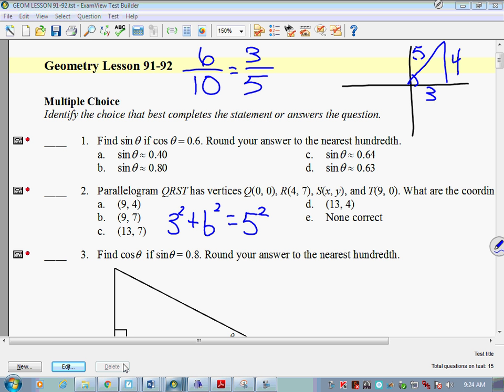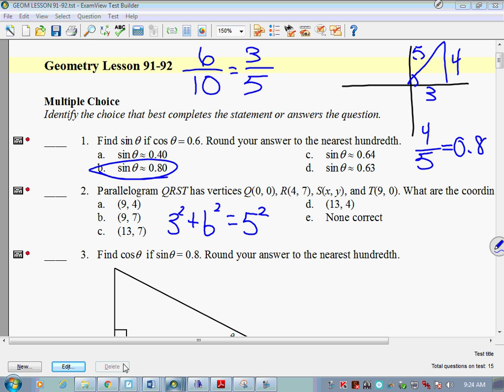So what is sine based upon this? Sine is opposite over hypotenuse. So what am I getting? 4/5. Well, what is 4/5 as a decimal? Put it in your calculator. 0.8. So our answer here is sine theta equals 0.8.